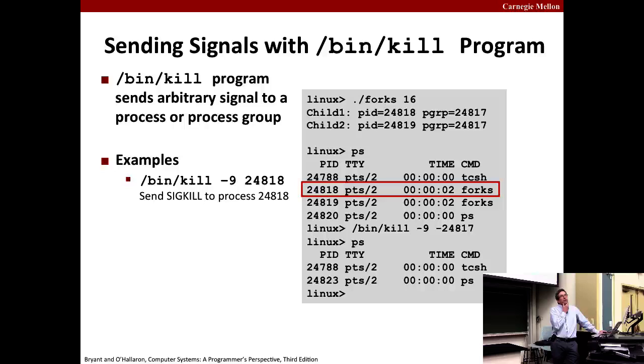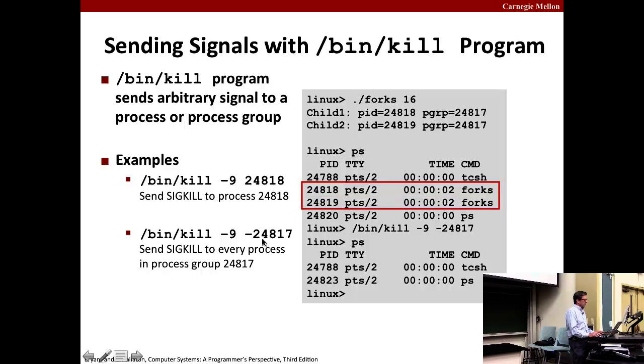And actually, one of my favorite Autolab nicknames for 213 was kill -9 15213. The second argument is the process ID. So this is asking the kernel to kill process ID 24818 by sending it a SIGKILL signal.